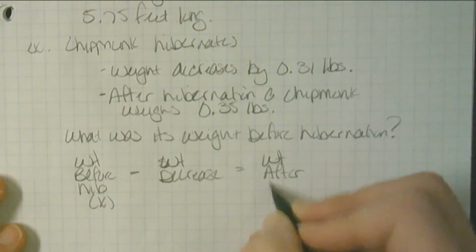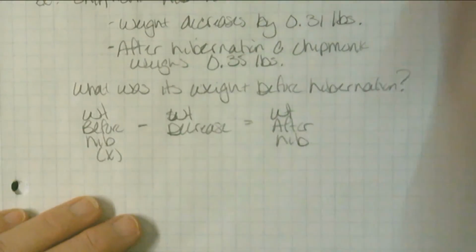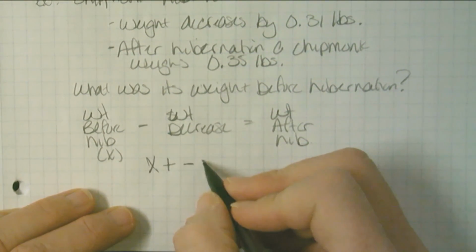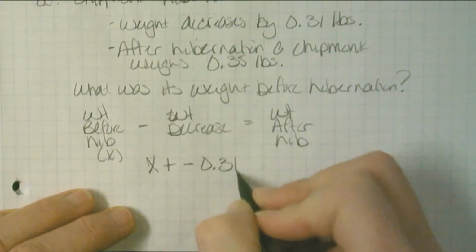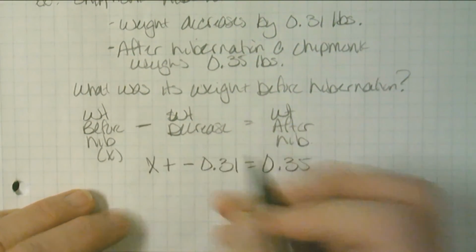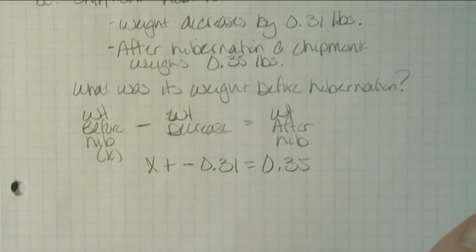Excellent. Go ahead and write our equation for us. You did subtraction, subtracting a positive 0.31, and then you did adding the opposite, right? Awesome.